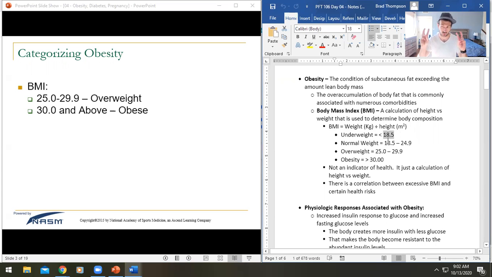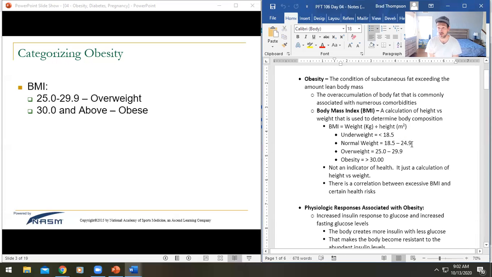Normal weight, quote unquote, is going to be anywhere from 18.5 up to 24.9. So if we had a client who is 24.6, that puts you in the normal weight category. So you're not at any increased risk for certain conditions, but we see that it's creeping up towards the top there.